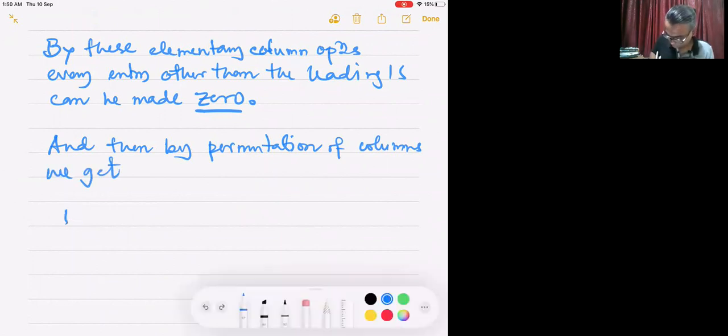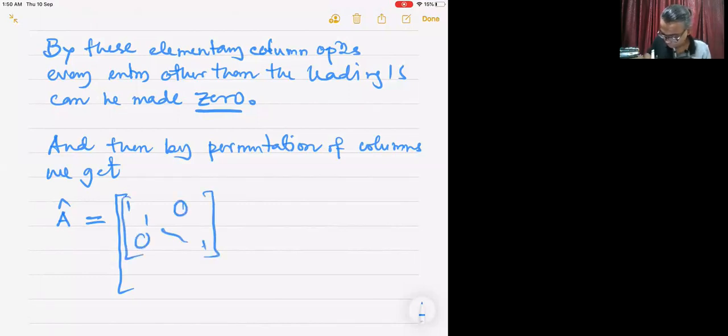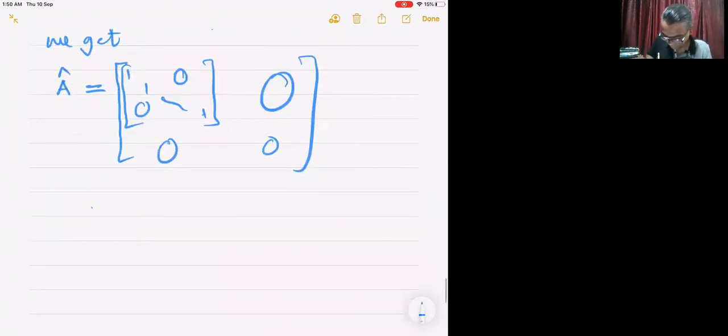Because we have not used A hat here as yet, A hat is equal to, notice carefully, 1, 1, so on up to 1, and then 0, 0, and big zeros here. The short form of that is an R by R identity matrix with zeros elsewhere.